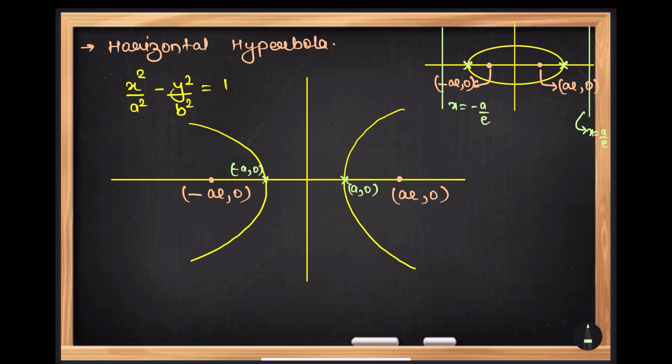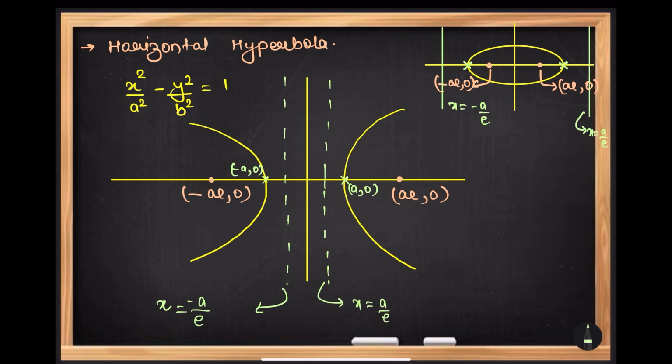So this is the first directrix, this is the second directrix, and its equation will be x equals to a by e, and this thing will be x equals to minus a by e. I hope till this part you guys are okay, correct?